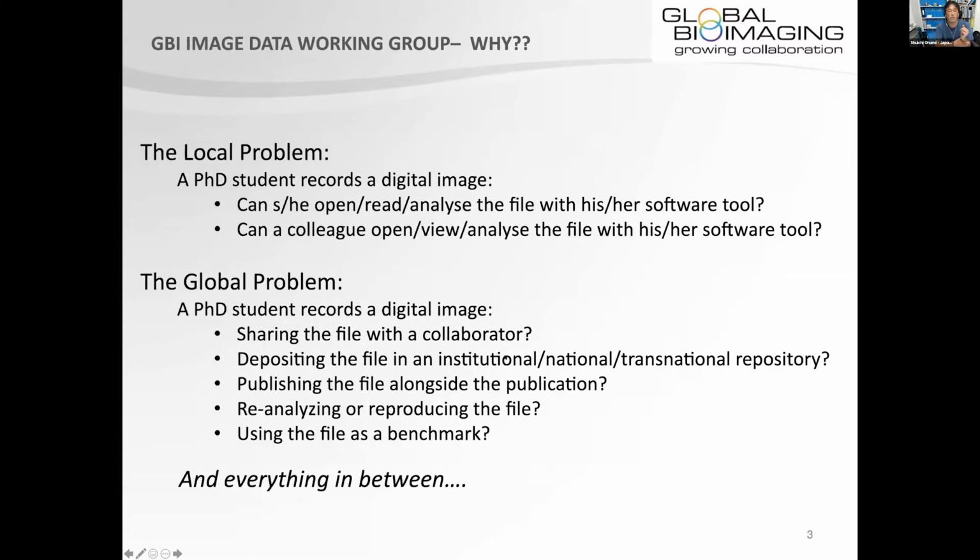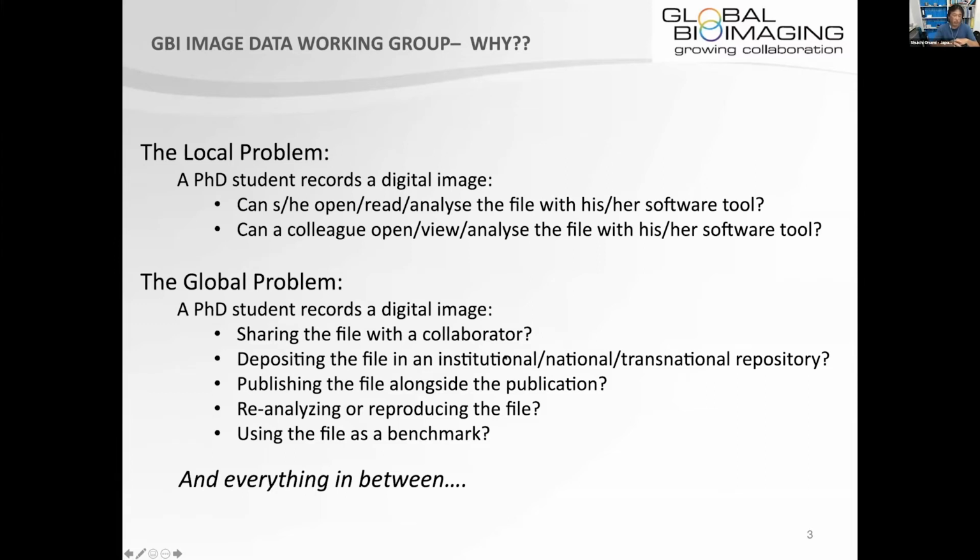Let me introduce the aim of this working group. Our working group is for image data. We have many problems and difficulties in dealing with bioimaging, from very local ones to very global ones, and our working group deals with all of them.